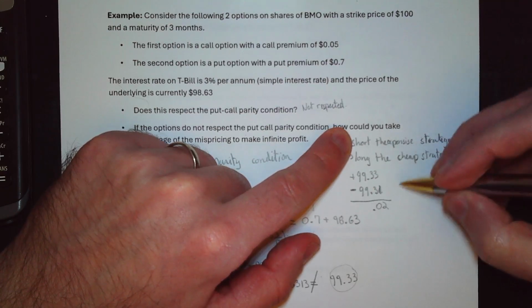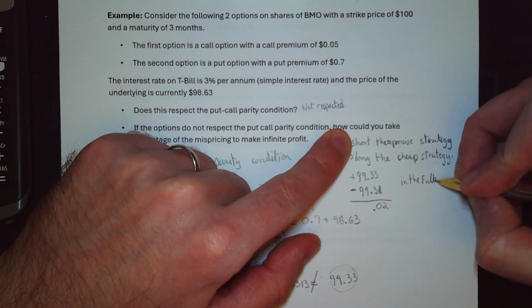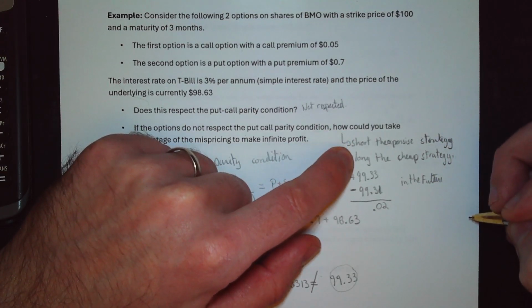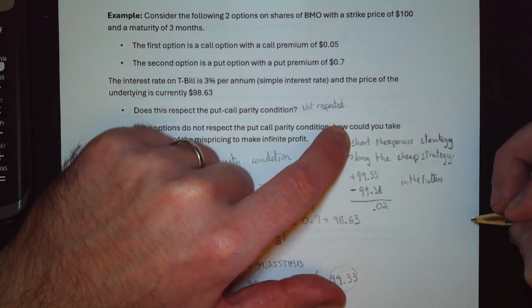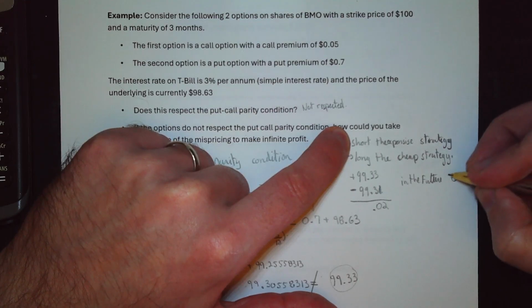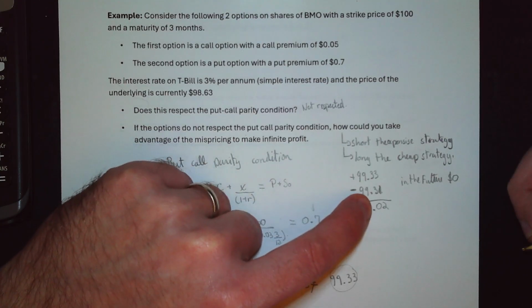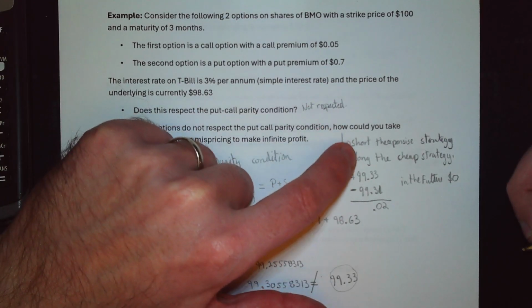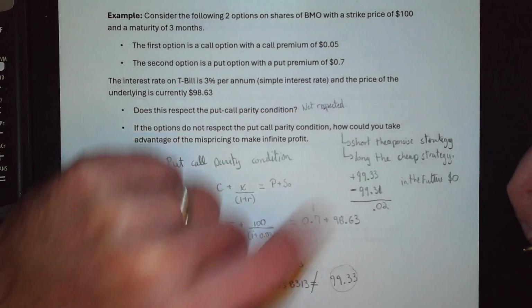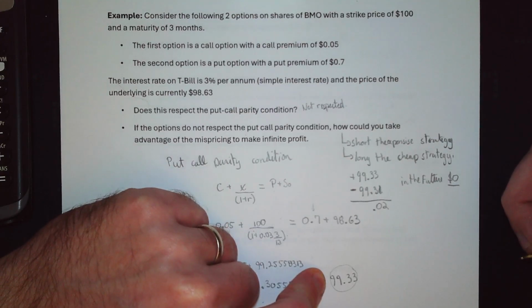But remember, in the future, the cash flow from the long strategy will exactly cover the cash flow that I owe from the short strategy. So in the future, my cash flow will be $0. So I make 2 cents today every time I go long the cheap strategy and short the expensive one, and then I owe people $0 in the future.